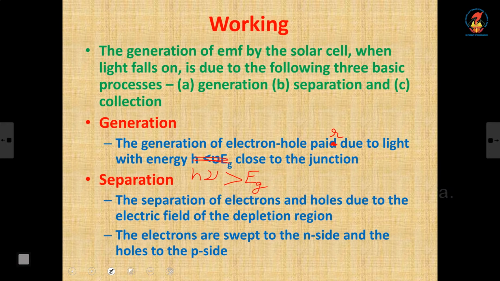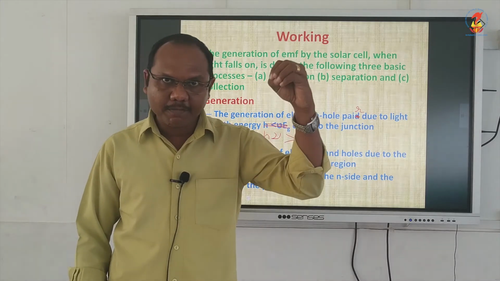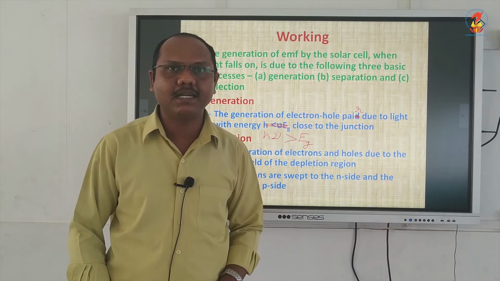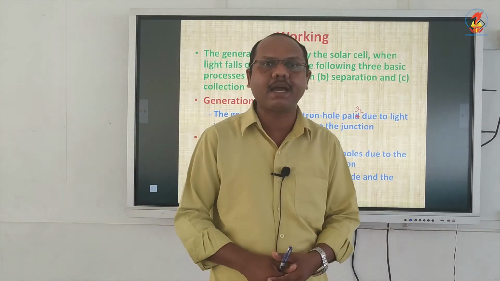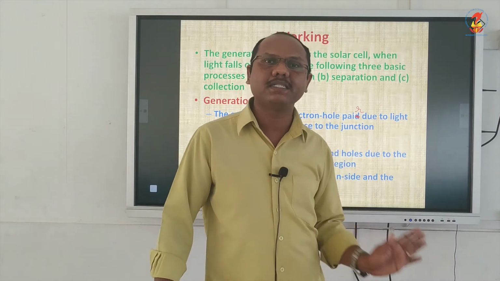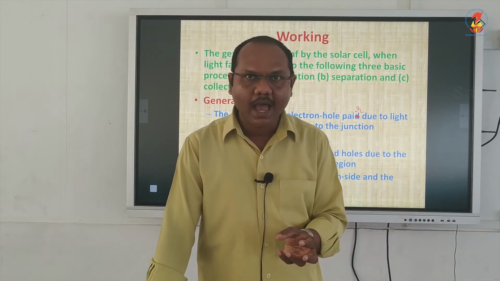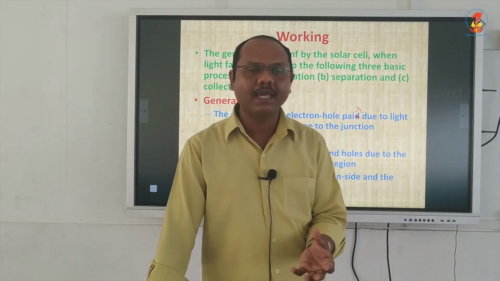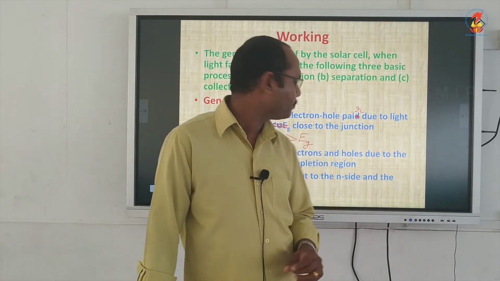Generation of electron hole pairs due to the light with energy h nu greater than Eg close to the junction. What happens is, if light strikes the PN junction and the energy is greater than the band gap, electron hole pairs are formed, because covalent bonds at the junction will break and electrons and holes are formed in the junction.